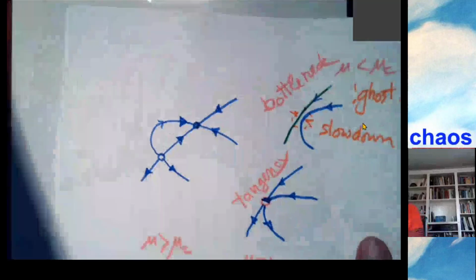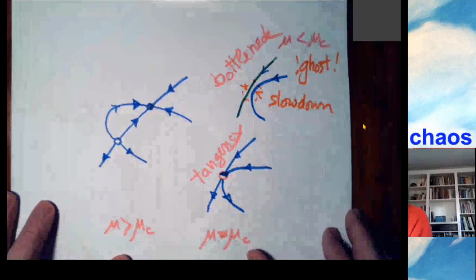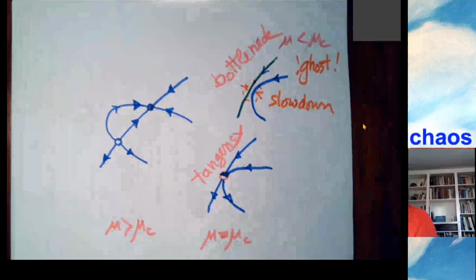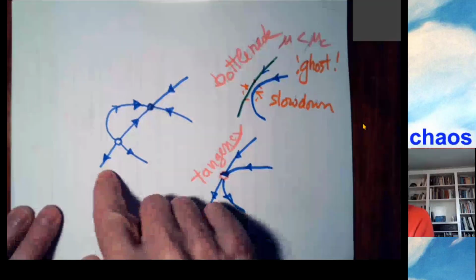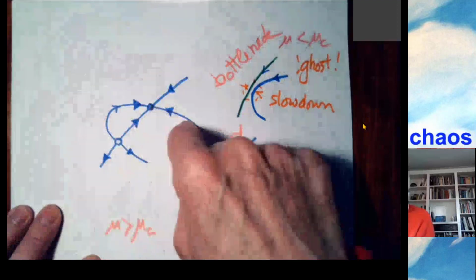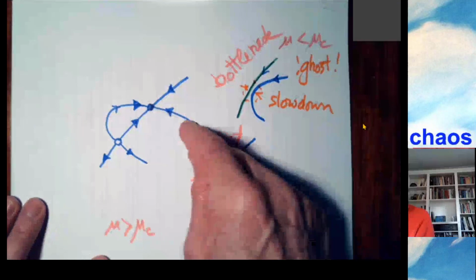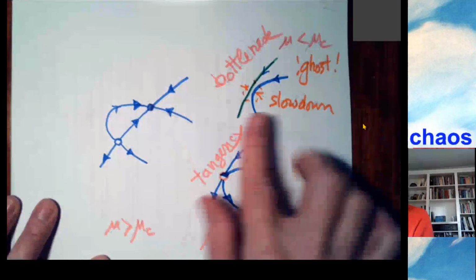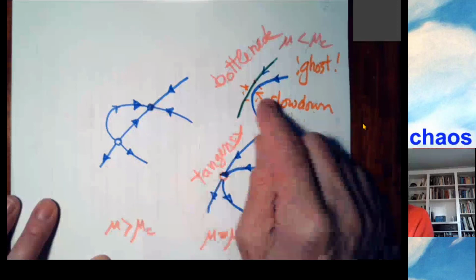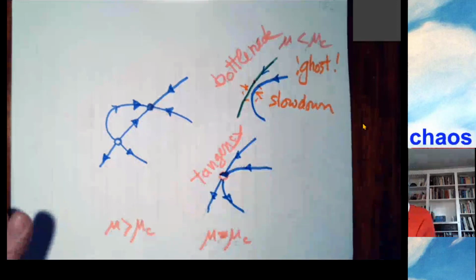And saddle node, I think of it as a kind of intersection of unstable and stable manifolds typically. And if they don't intersect, what you notice is slowdown or bottleneck behavior.